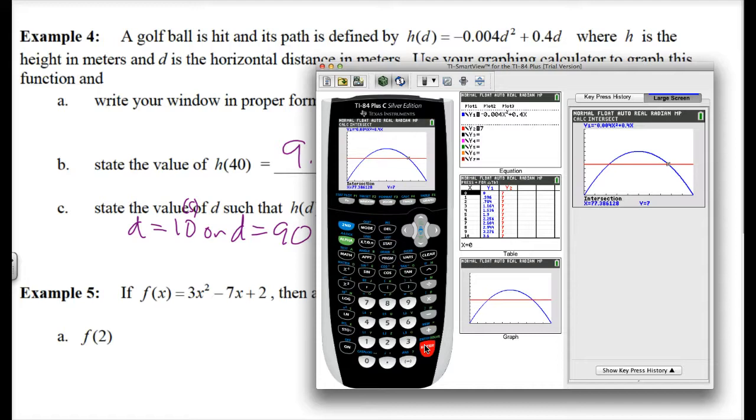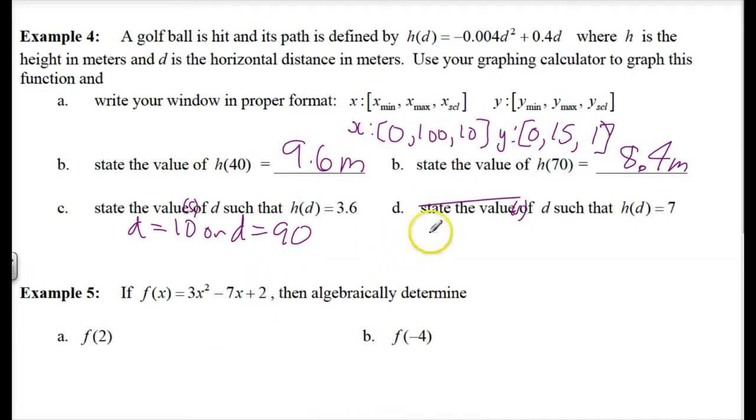No, 77.4. 7.6 and 77.4. I'm doing that on the touchpad, which I shouldn't be. D equals 7.6 and D equals 77.4.